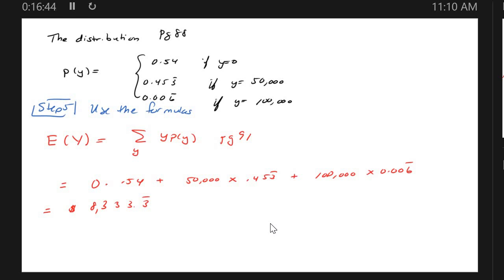Y times P of Y, just plug them in. And you're always going to go back to that definition. You're not, like in 206, adding up a whole bunch of stuff and dividing by the number. You're going back to that definition of expected value.